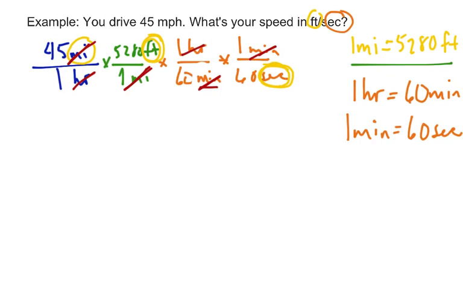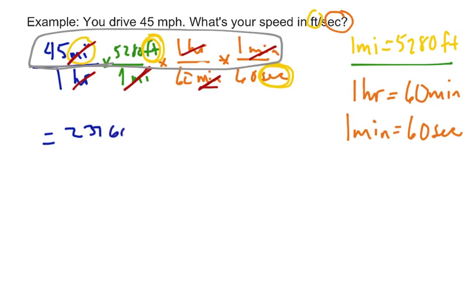Now, the last thing we just let our calculator do to help simplify everything for us. We've got it all laid out, and we can just go through, multiply the entire top together. When we do that, 45 times 5,280 feet, that's going to be 237,600 feet.